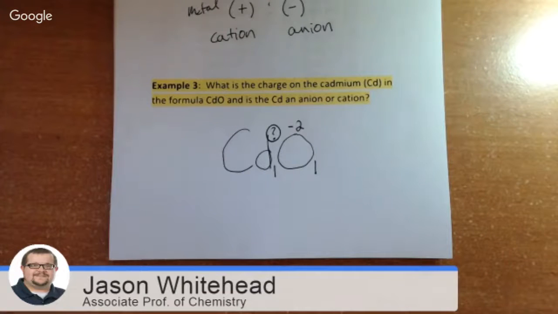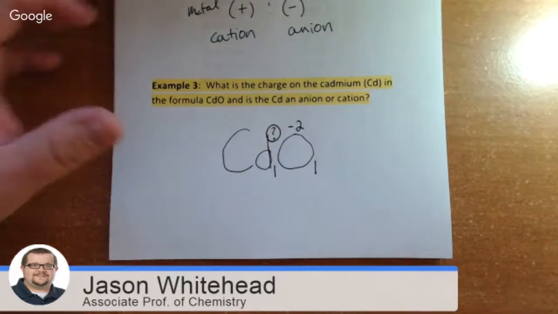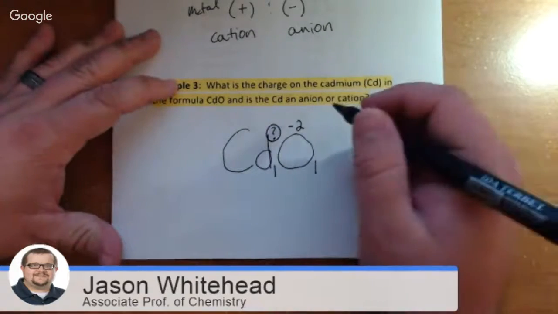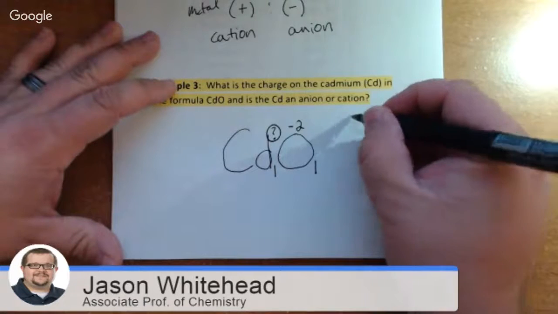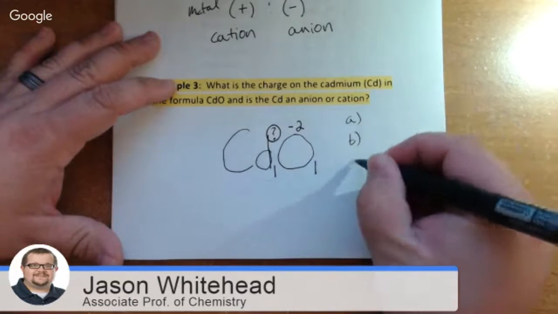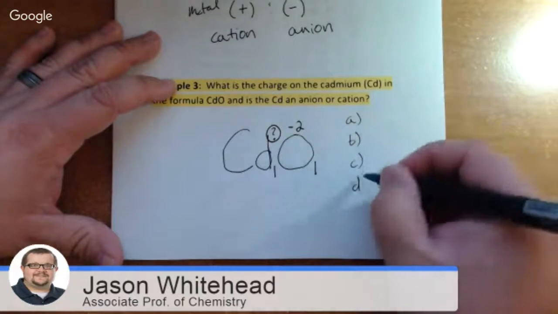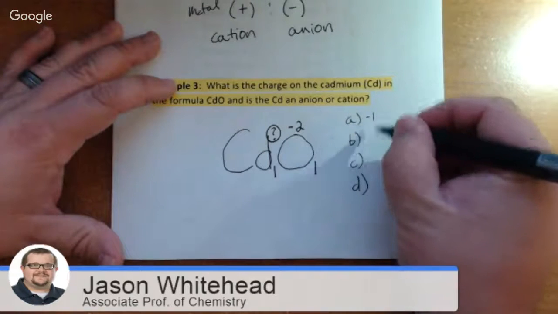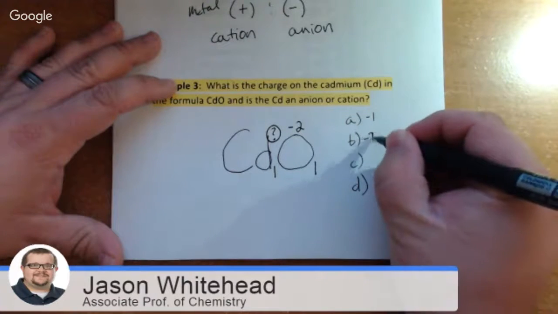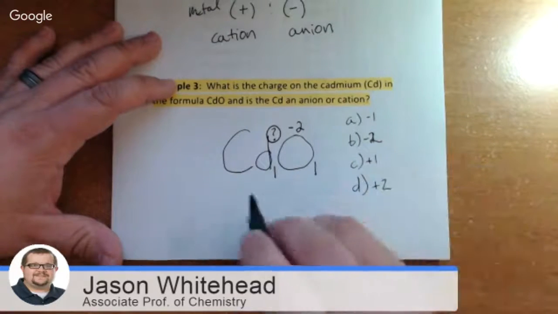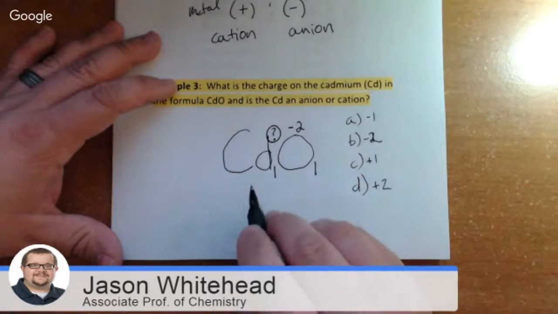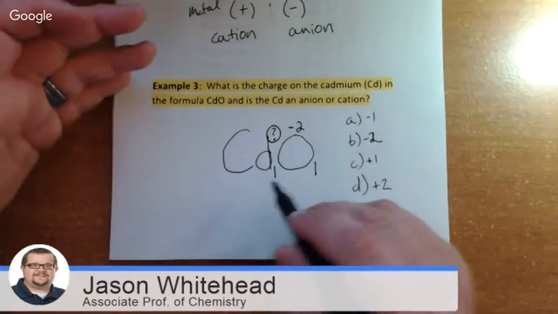Okay, Stephen, Nilk, Tanya, it looks like you guys are all going in the right direction here. First off, this is going to be a multiple choice exam. So let's say your choices were A, B, C, and D, and your choices were -1, -2, +1, +2. Just based on where this answer shows up in the name, it's going to be positive.